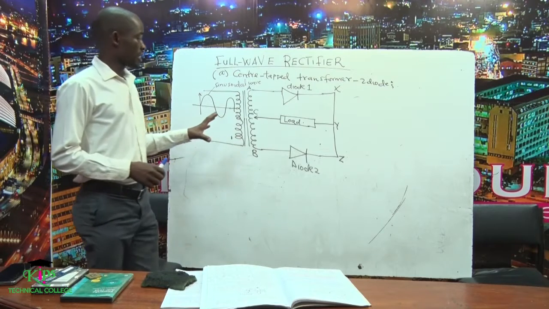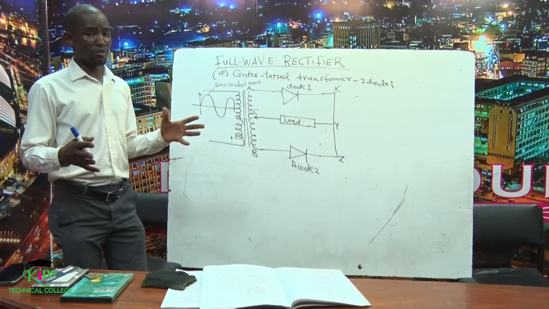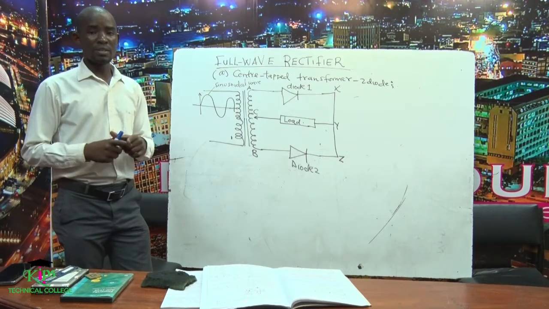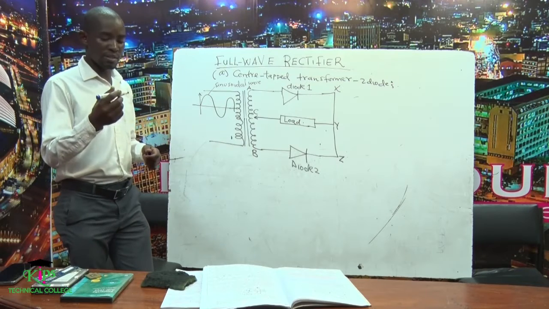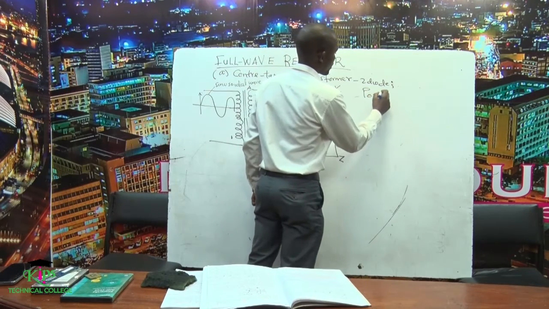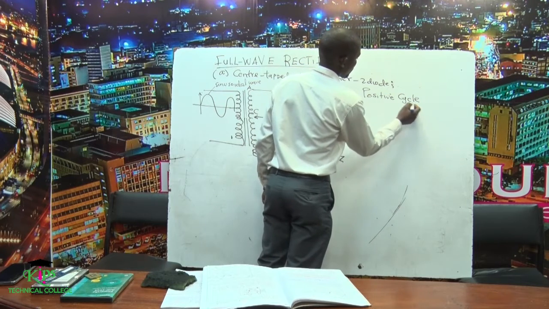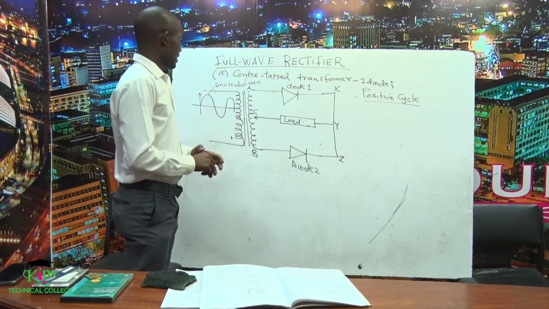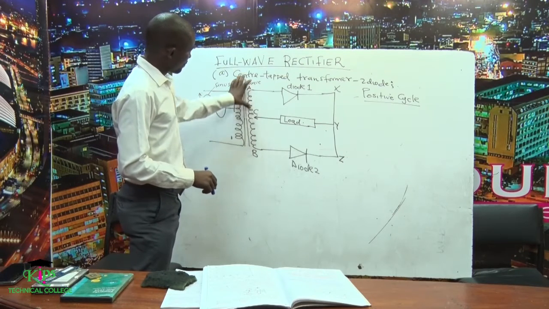So basically, when we're explaining the operation of a center-tapped transformer, like we have said before, we have two cycles. You need to describe what happens during each and every cycle. So we shall start from the positive cycle. During the positive cycle, you need to tell us the polarities of the output of the secondary side of the transformer.